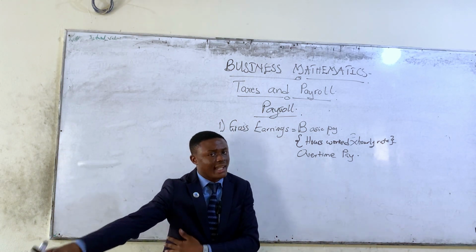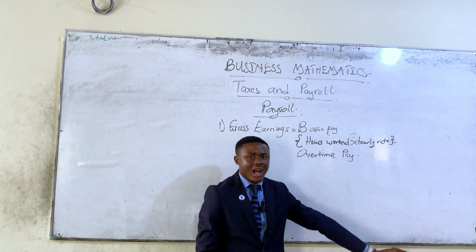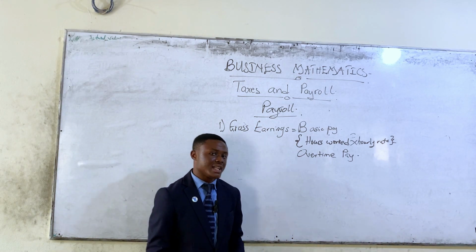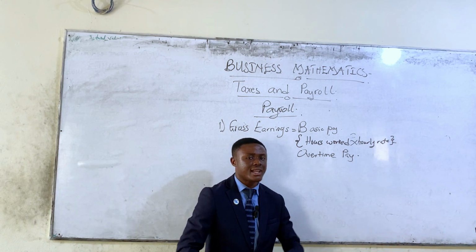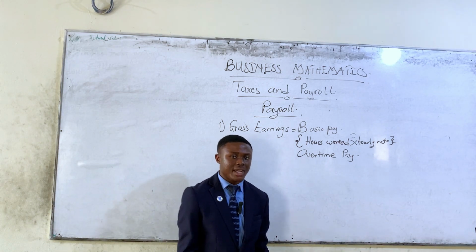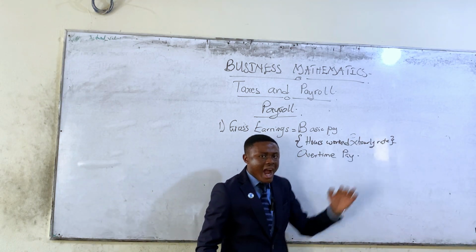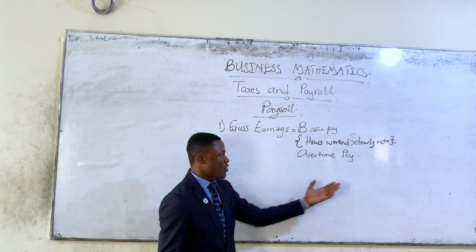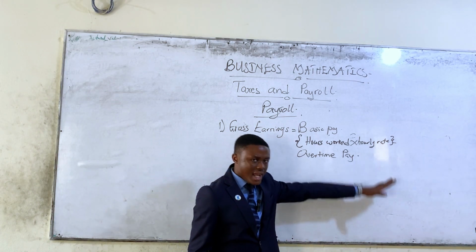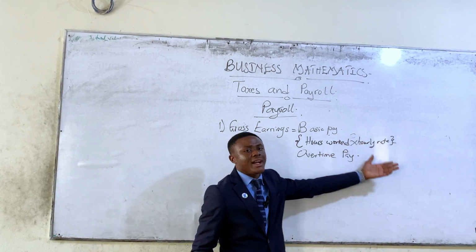That means overtime. If I work 2 hours in addition to 8 hours, making it 10 hours, I have to be paid for those 2 hours that I overworked, because my normal number of hours is 8 hours. So we have to also pay for overtime.